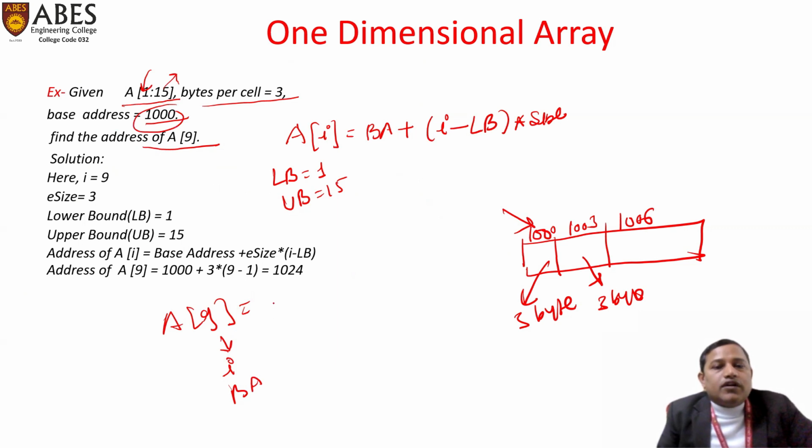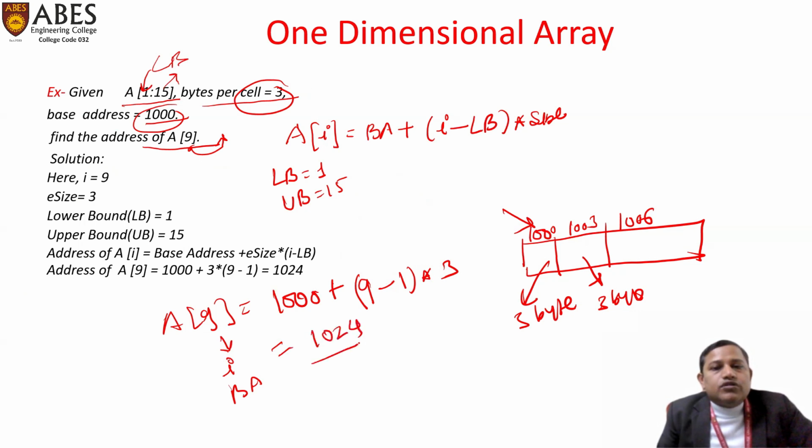So your formula calculates 1000, the base address, plus I, the index of the element, that is 9, minus the starting index, the lower bound, that is 1, multiplied by the size of an element, that is 3. So here it is 1024. This is the location of the ninth element of the array A.